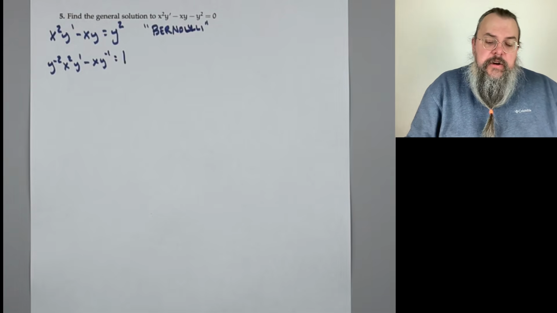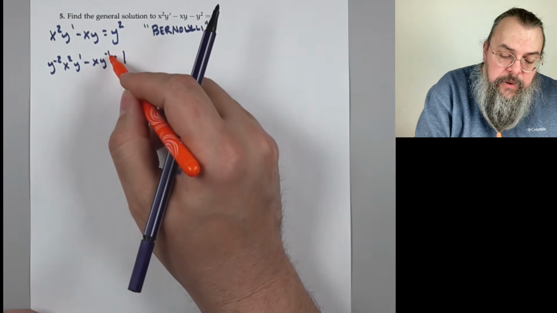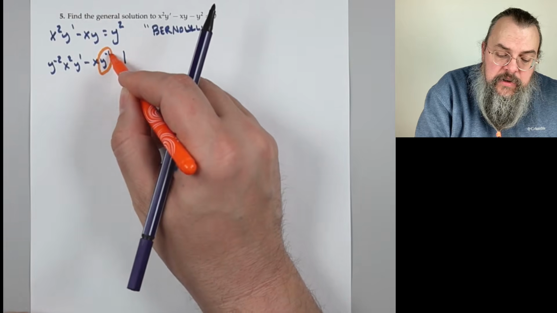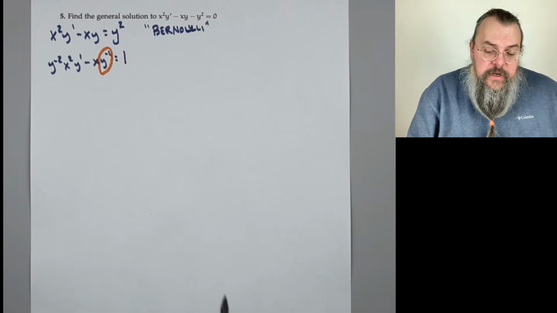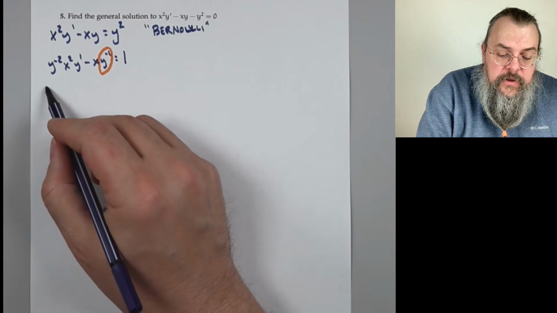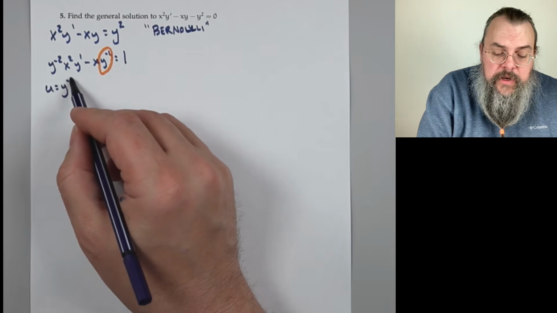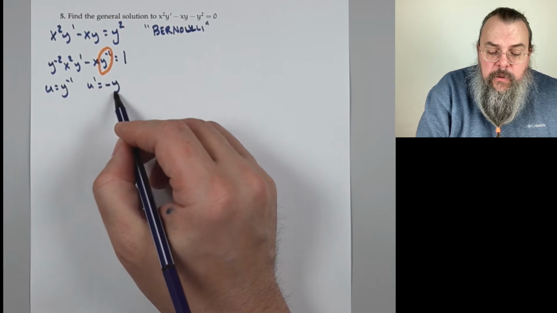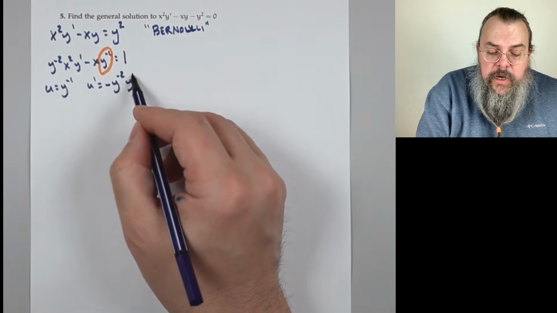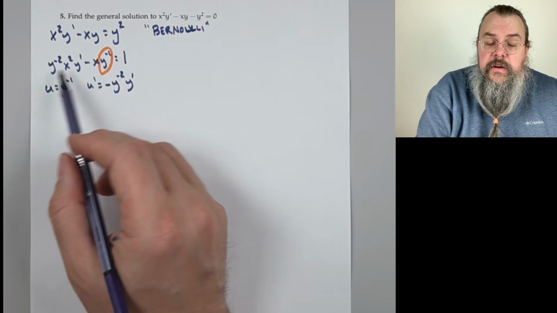And the key here is that this part right here tells you the substitution to make. So for us, we would say u should be y to the minus 1. So that says u prime is minus y to the minus 2 y prime. Well, that's a lot like what you see there.